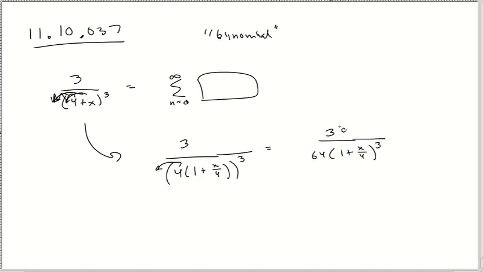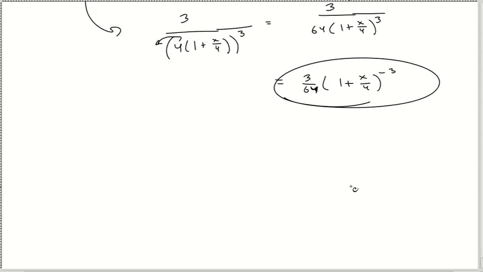And this is a little bit better for the formula. There's one last step, I guess. So we got 3 over 64, which I don't think cancels. And then we got 1 plus x to the 4th to the negative 3 power. This here is what I'm going to use with that formula. And just simply plugging it in then, I mean, this is just a copy-paste.